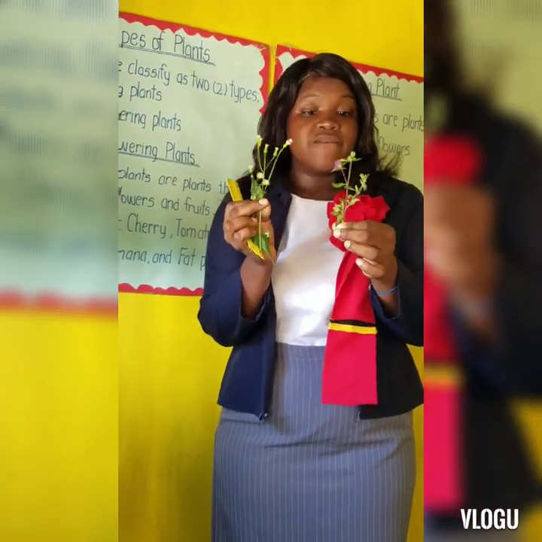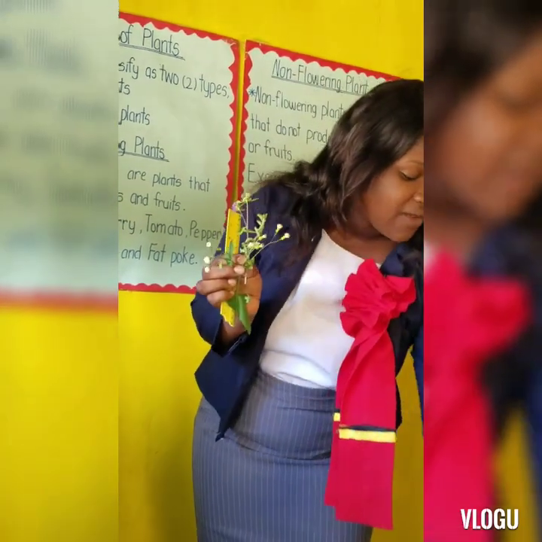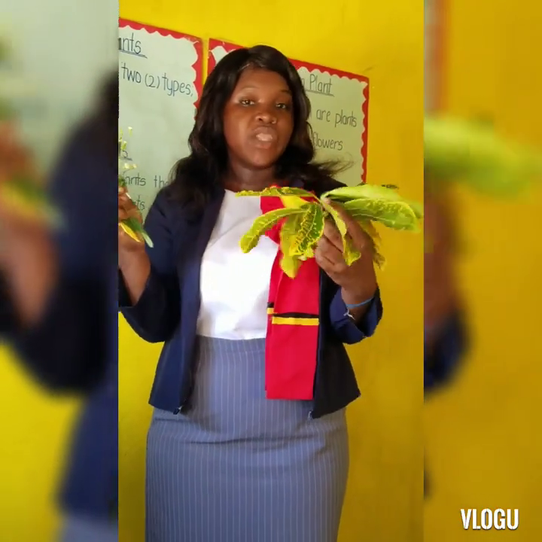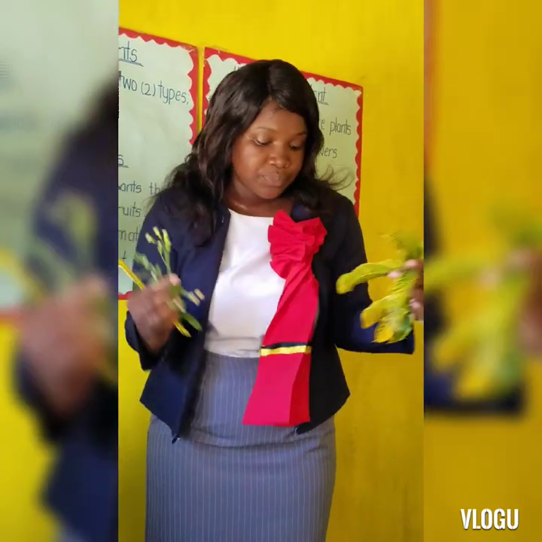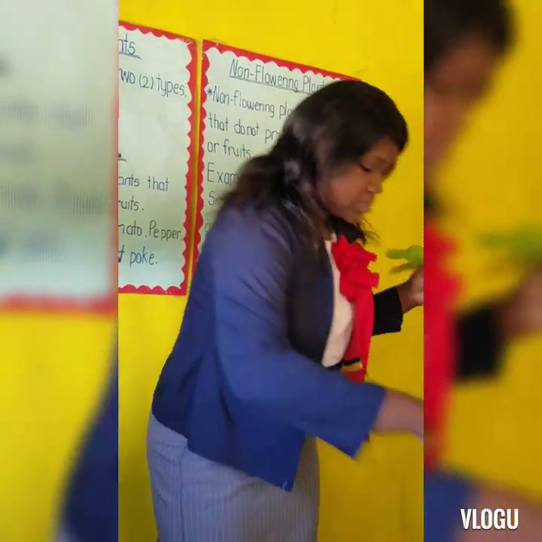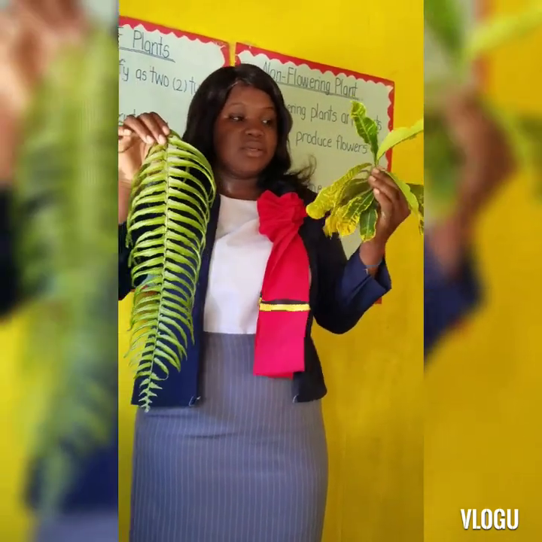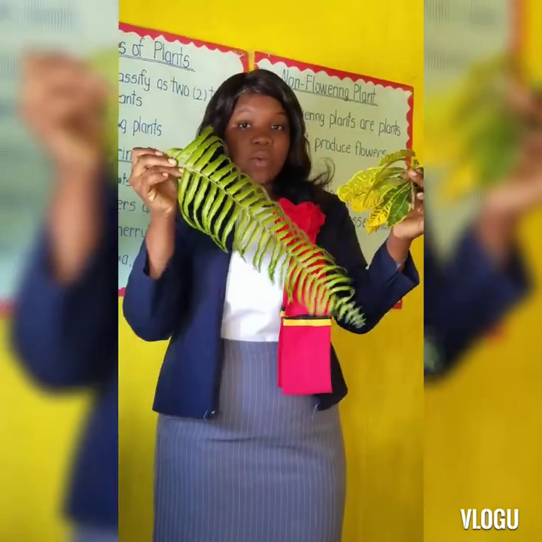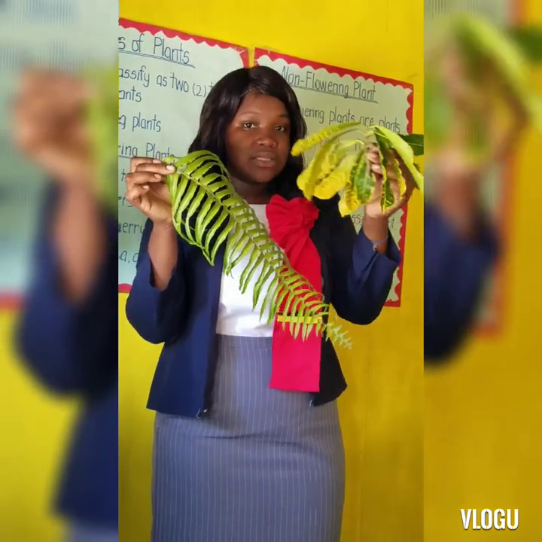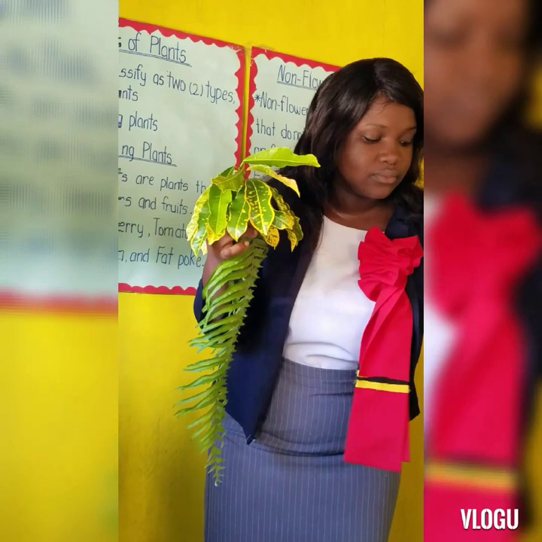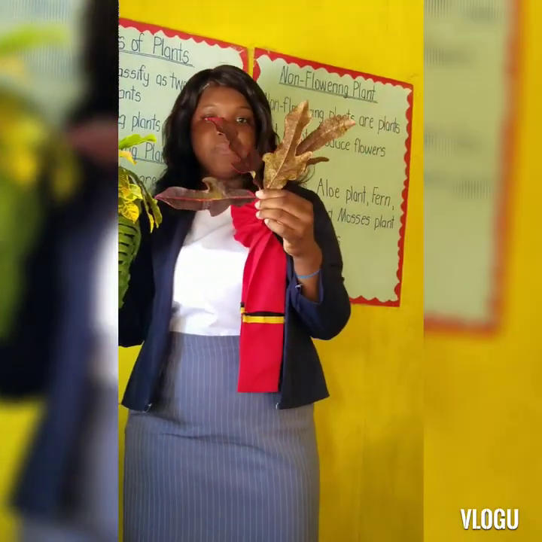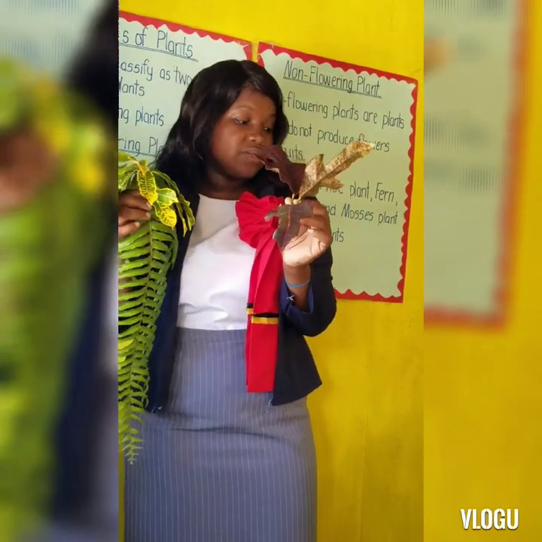They produce flowers. And I have here also some non-flowering plants, right? Okay. Take a look. These are what the non-flowering plants look like. You see? Here we go. You see the non-flowering plants?